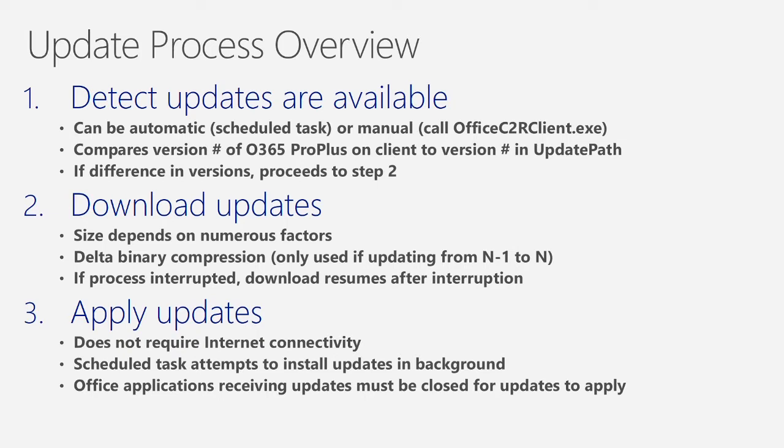And then downloads. When it does updates, it does what we call delta binary compression. This is where we get a little build-centric and use a little bit of Microsoft technology, it's hard not to in order to describe it, but you have N and then you have N-1. If you're going from N-1 to N, just going up one version, we use what's called delta binary compression. What that does is it allows us to transfer just the data that we need in order to patch it.